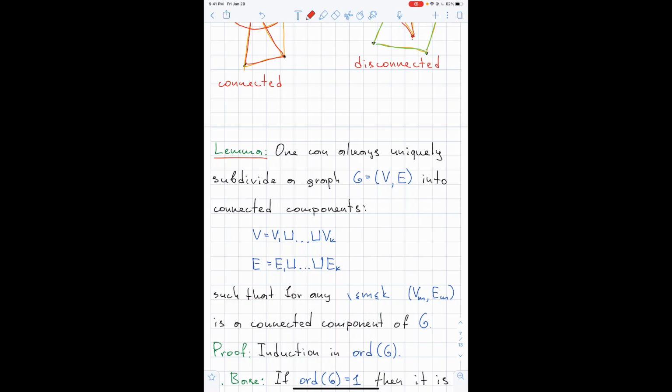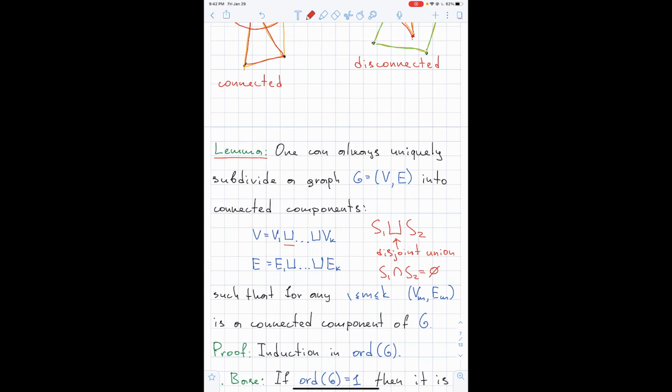Here this notation, this square cup notation, means disjoint union. So let's say I have S1 disjoint union S2. What that means is that, first of all, we do take the union of these two sets, but we also state that their intersection is empty. There is nothing in the intersection.